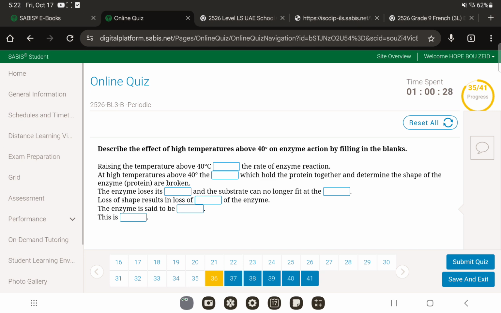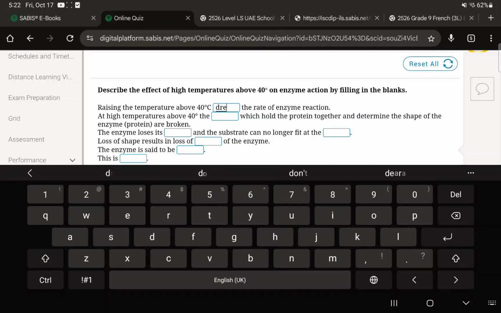Raising the temperature above 40 degrees Celsius decreases activity because it causes the enzyme to become denatured. At high temperatures above 40 degrees, the bonds which hold the protein together and determine the shape of the enzyme or protein are broken.